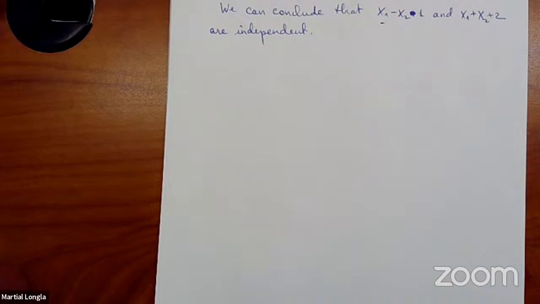When the occurrence of one does not affect the other. Okay, what does that mean in terms of their distributions? The joint distribution is the product of the distributions. That's the basic definition of independence of random variables when you have distributions.